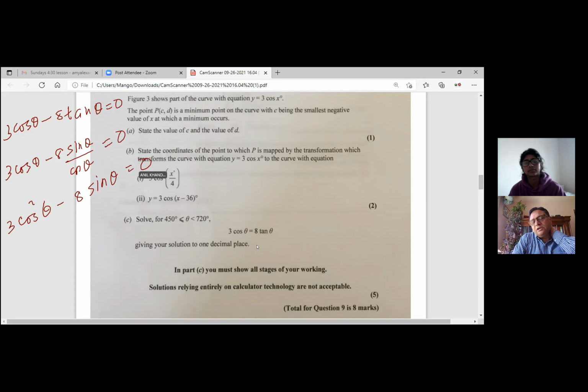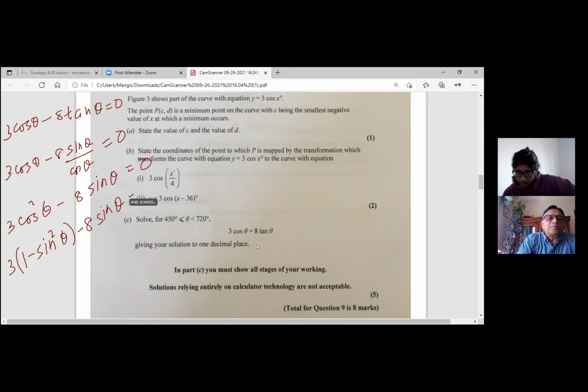Now we should write the equation in only one term, right? So cos square theta can be written as 1 minus sine square theta. So open the bracket.